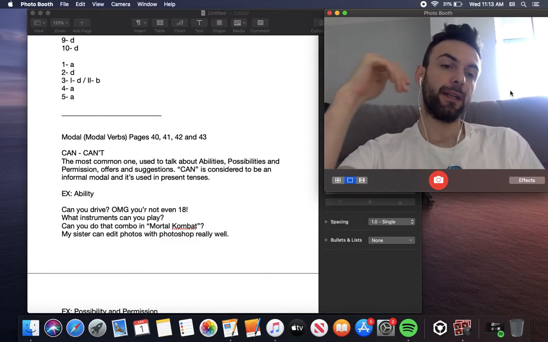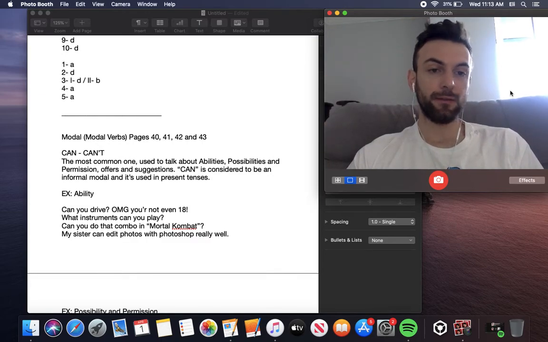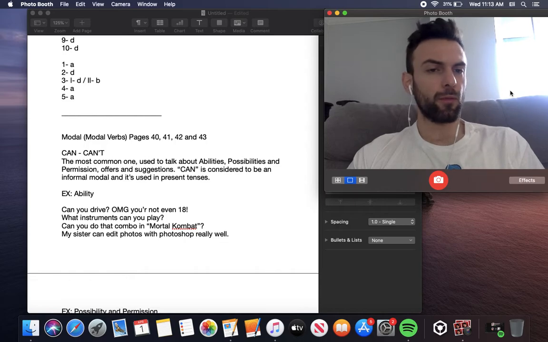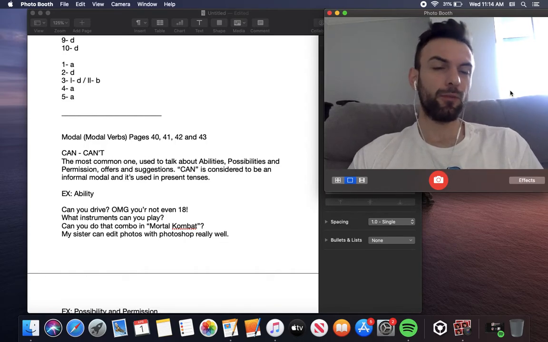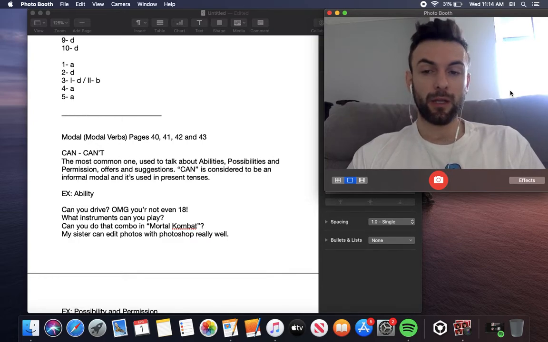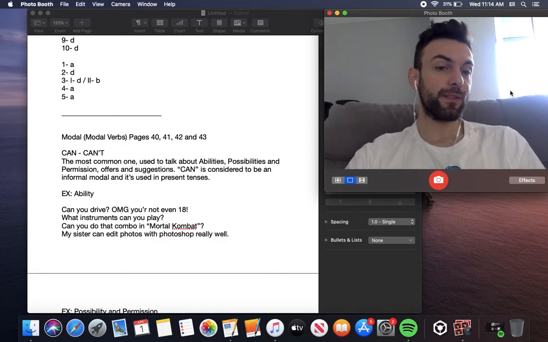Oh, well, I can play the guitar, I can play the piano, I can only play the CDJ. Can you do that combo in Mortal Kombat? Oh, yes, man, I can. Combo's really easy. My sister can edit photos with Photoshop really well. So in these simple examples, I'm expressing the ability of doing something.